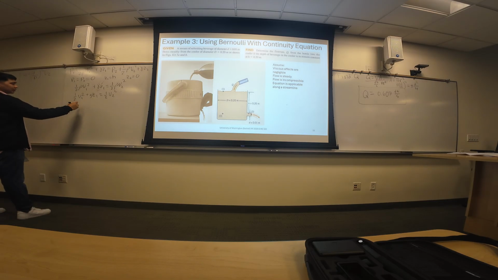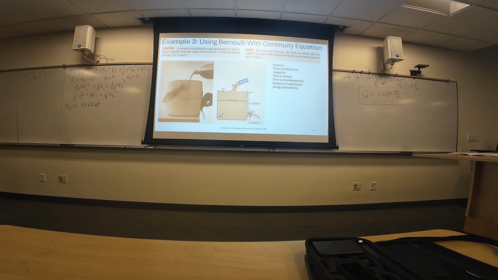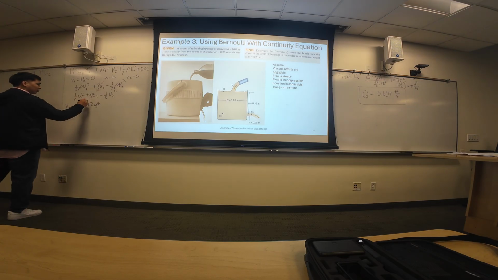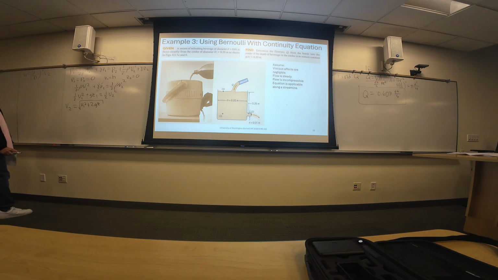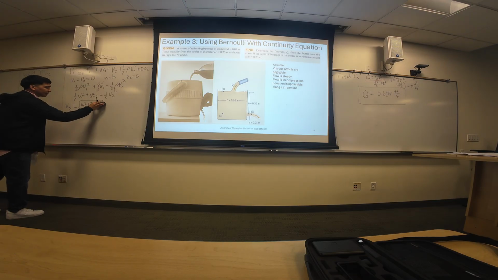So we're going to have, see if I did that right. V2, I did not square root it yet. V2 equals 2G Z1, square rooted. I'm going to make that neater.